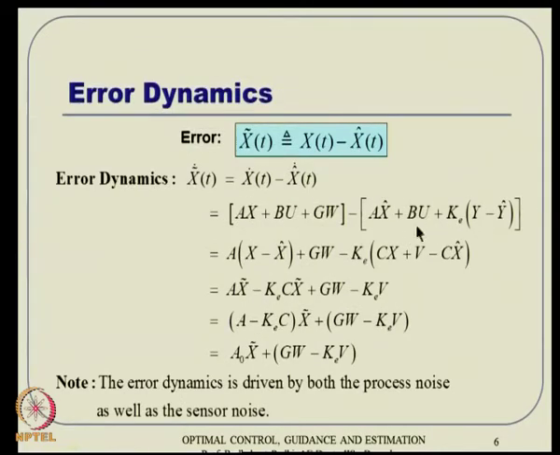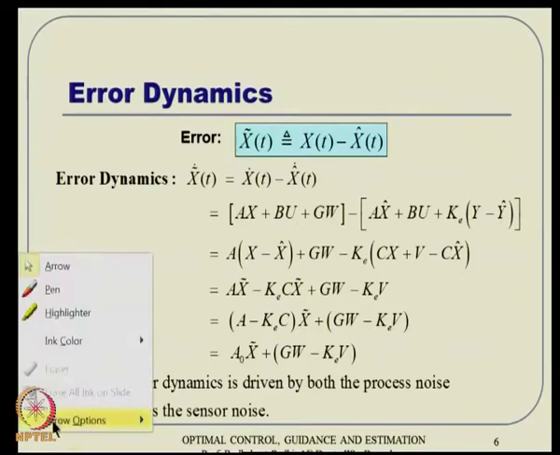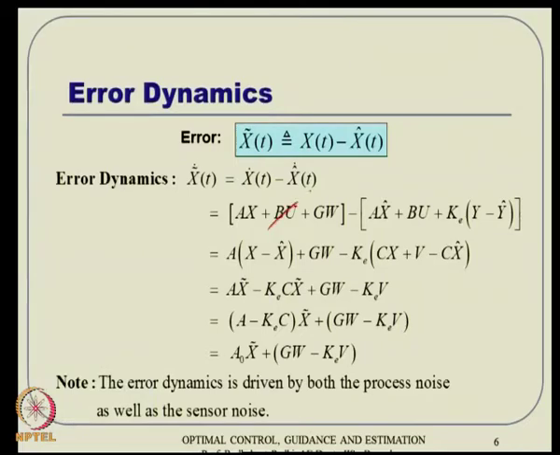You put that in, then we combine terms. So, Ax minus A x hat comes here, Gw comes here, and this Bu gets cancelled out.